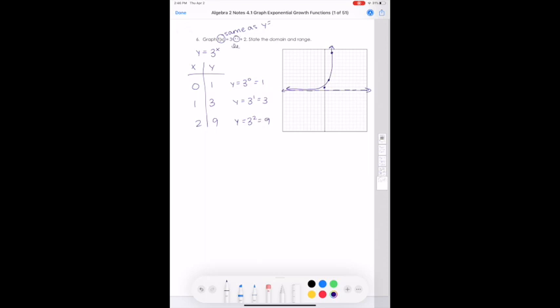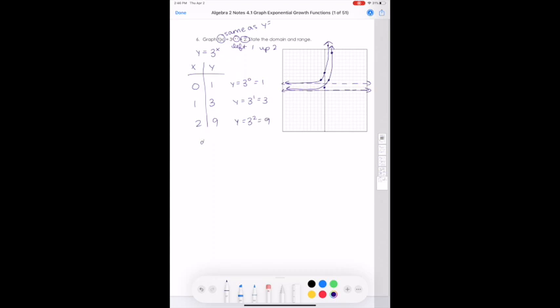So the next thing, I'm going to shift it left 1 and up 2. So every point gets shifted left 1 unit, up 2 units. And then my asymptote gets shifted 2 units up. And then I'll draw my graph through those points.